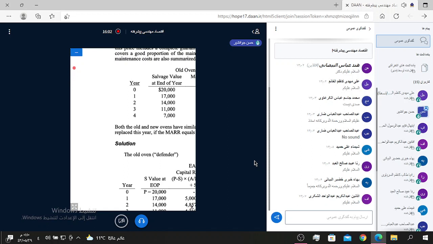Then we can write: for the old oven, if lifetime equals 1 year, at year 0, P is $20,000.